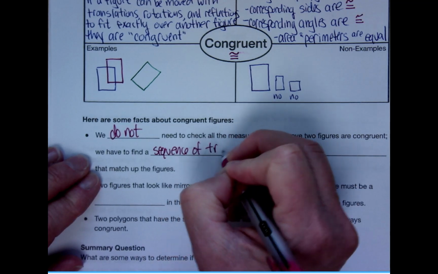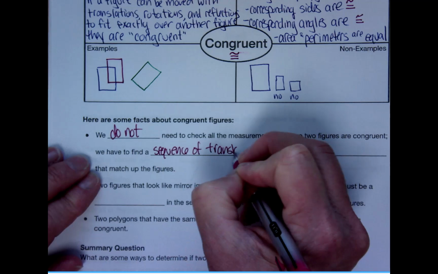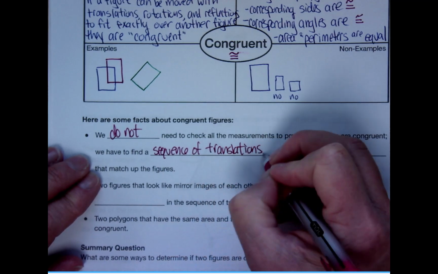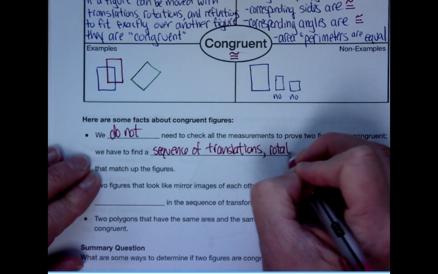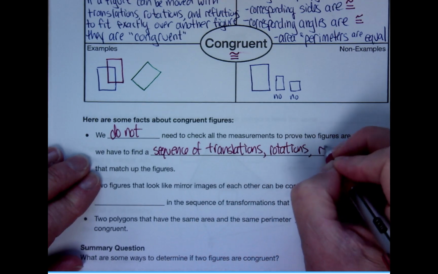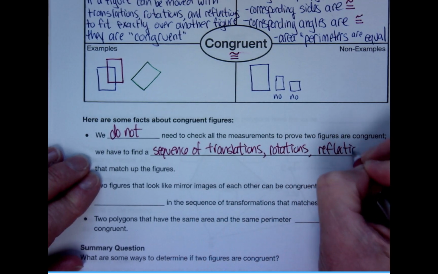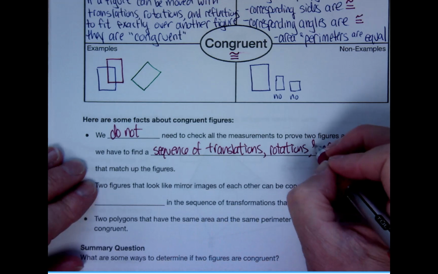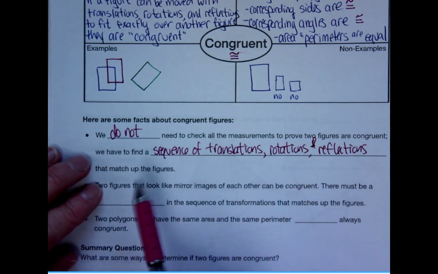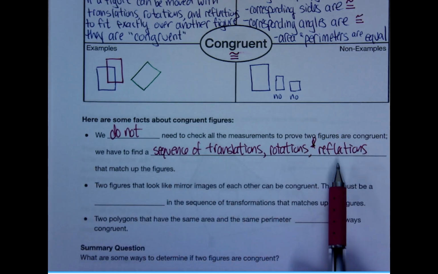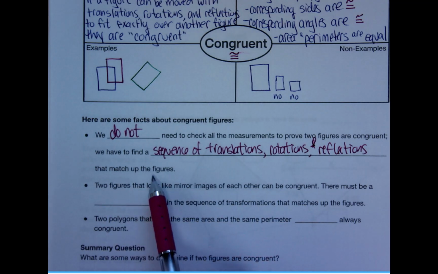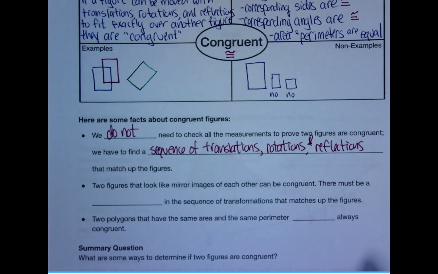And we're well practiced with that. Translations, rotations, and reflections. It's and. So if we can find a sequence of translations, rotations, and reflections that match up the figures, then we can say they're congruent, just like we did a moment ago with these figures.